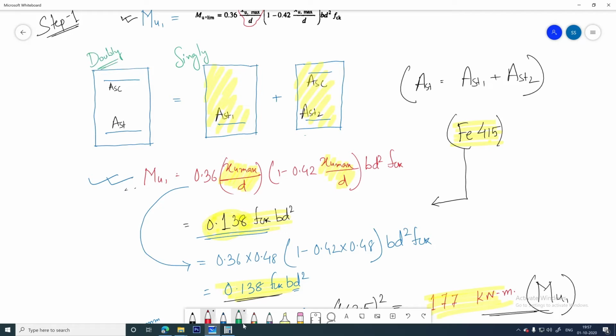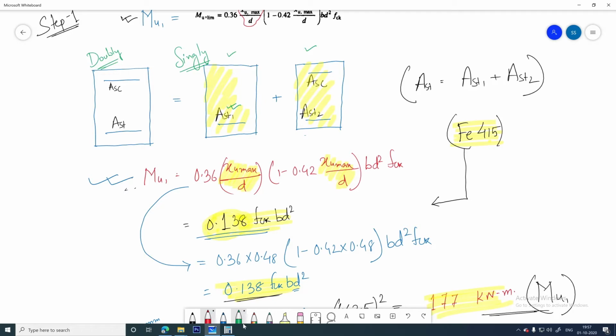Now this doubly can be represented as the summation of this one and this one. The first one is the singly. Now when you consider this singly reinforced beam section, this one is the AST1, and that particular thing we need to determine in step number 2.